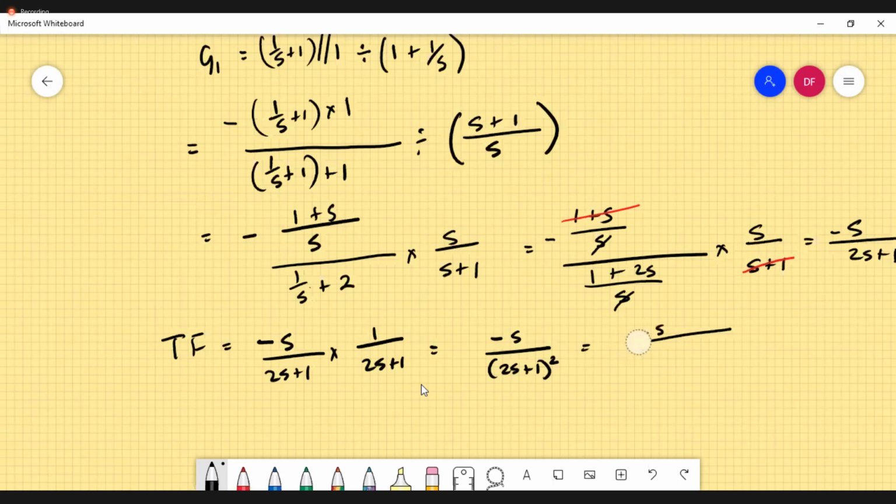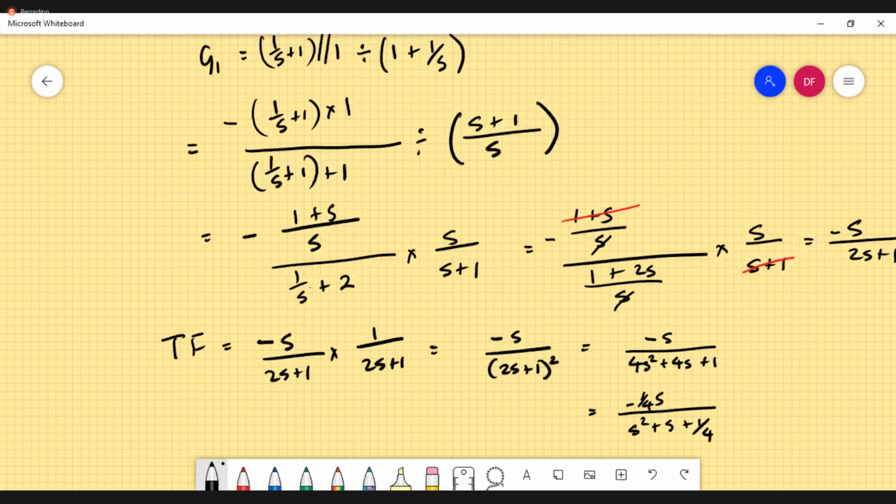So that is minus s over 4s squared plus 4s plus 1 when you multiply it out. Now if we divide by 4, it's minus a quarter s over s squared plus s plus a quarter.